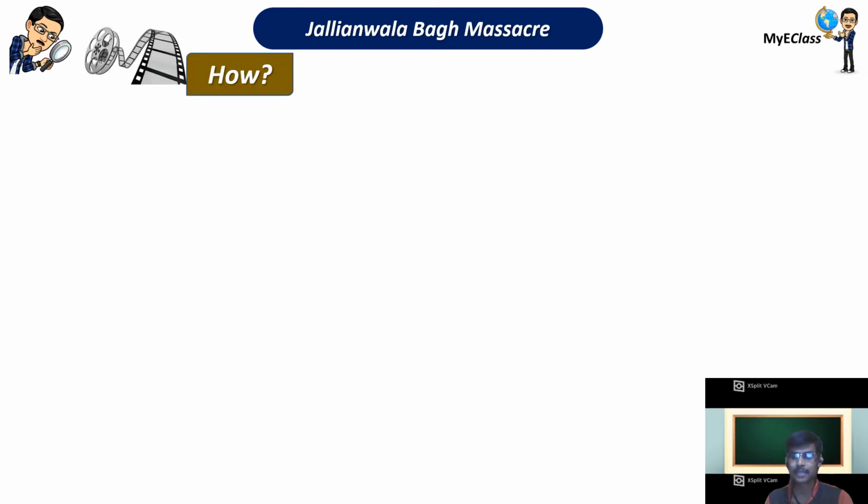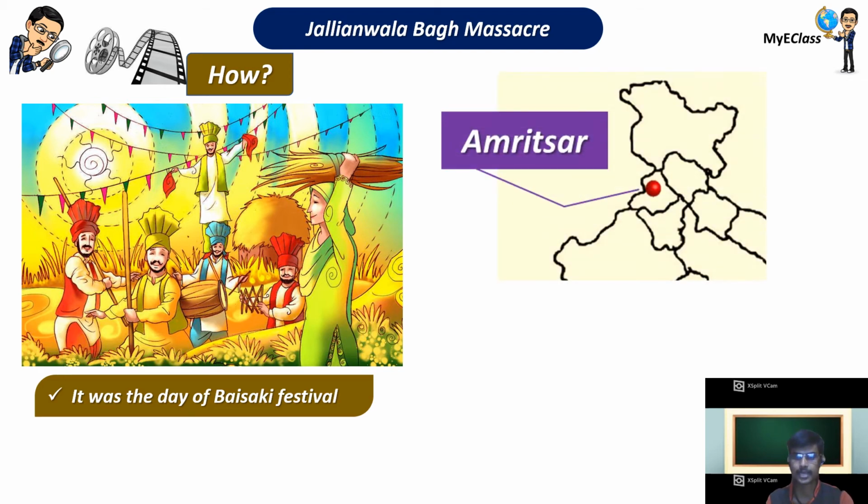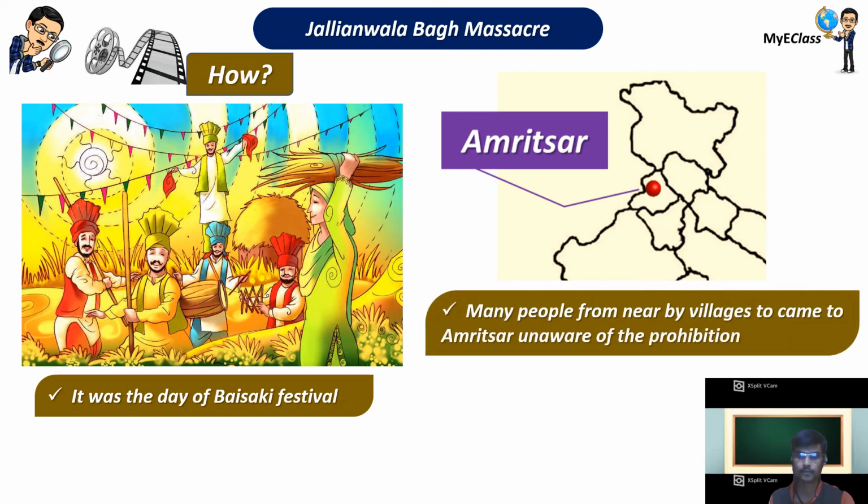13th April 1919 was an auspicious occasion of the Baisakhi festival. As Amritsar was an important center of trade activities in Punjab, a majority of the people from the nearby villages of Amritsar came there, and many of them were unaware of the prohibition made by the British.